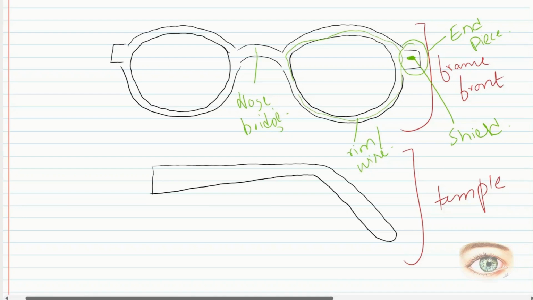Now, coming to the temple, the part which attaches to the end piece is called butt. This part which bends is called the bend. From the butt to the bend, this piece is called shank or shaft.